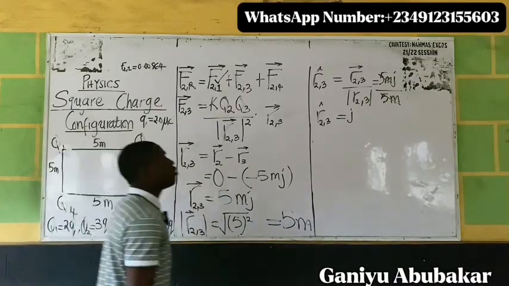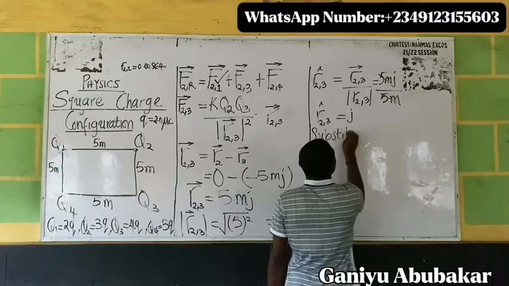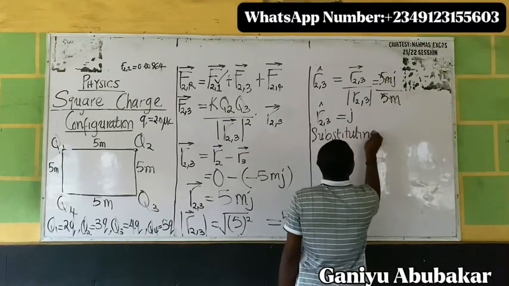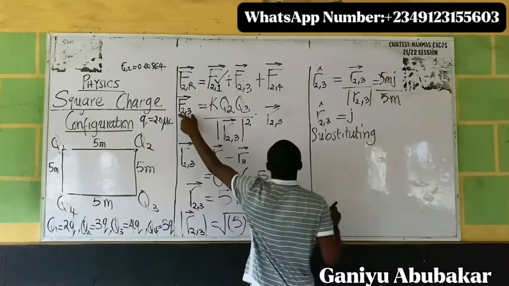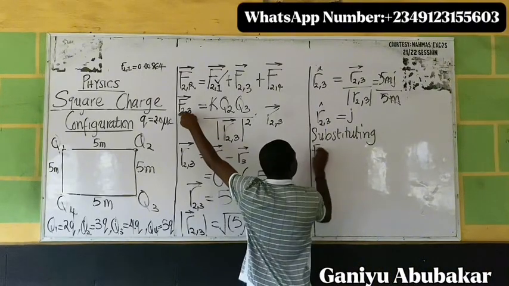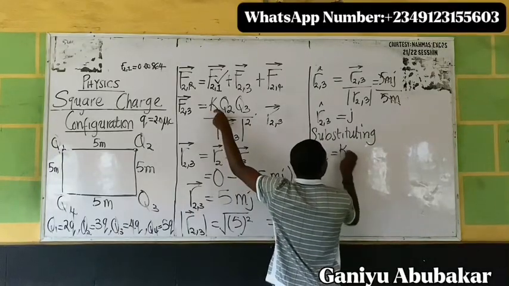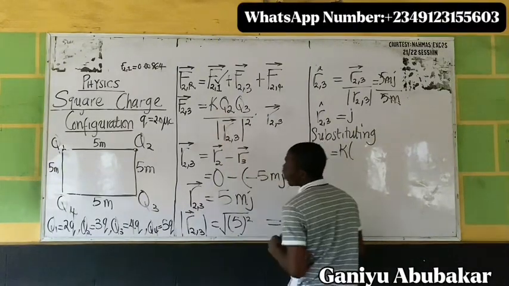Now at this point, substituting. So this F23 is equal to K, times Q2.